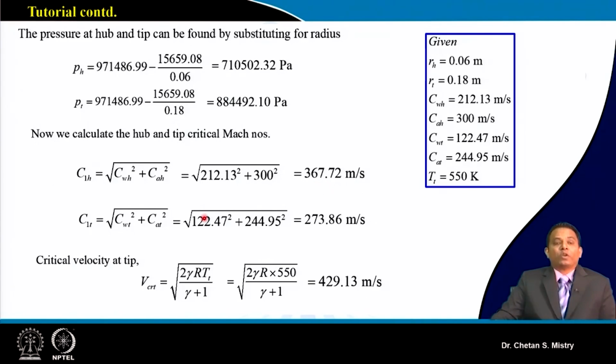Same way my absolute velocity at the tip is 273.86 meter per second. My critical velocity at the tip we can calculate as square root of 2 gamma R at T static divided by gamma plus 1. This static temperature at the tip is known to us, so we can write this equation and we get 429.13 meter per second.